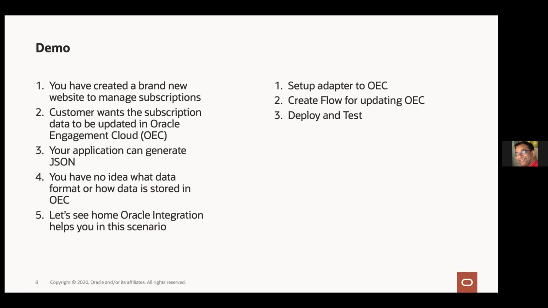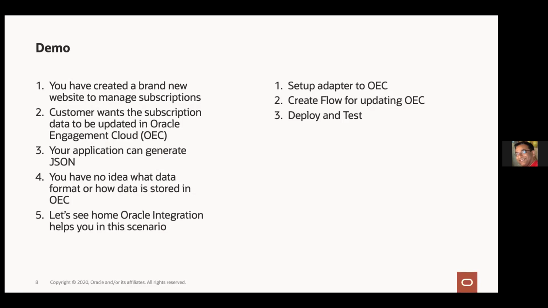However, what the customer now wants you to do is to pass this data into Engagement Cloud. That is essentially because all the subscription management from a customer perspective, your customer perspective, is actually being done over there. So what you can do is generate data in JSON format.